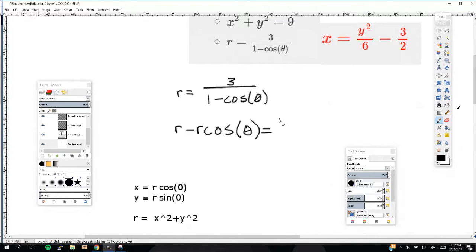I can't remember how I did it before. r is equal to the square root of x squared plus y squared. So would r also be equal to x plus y?